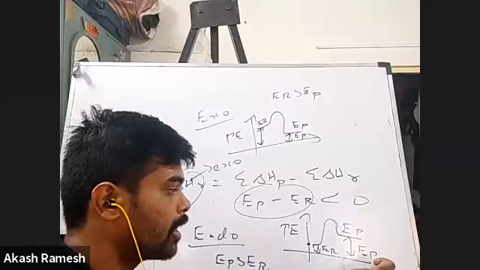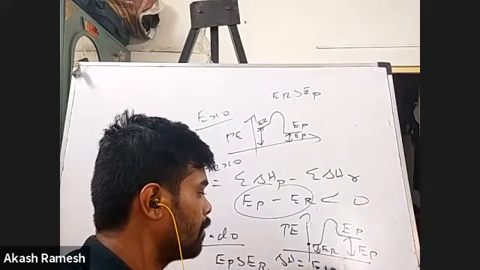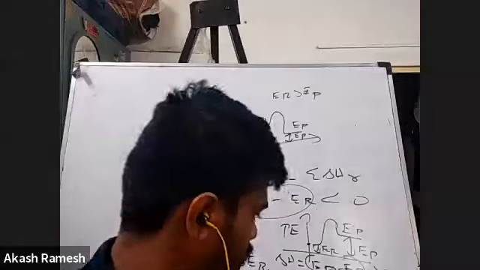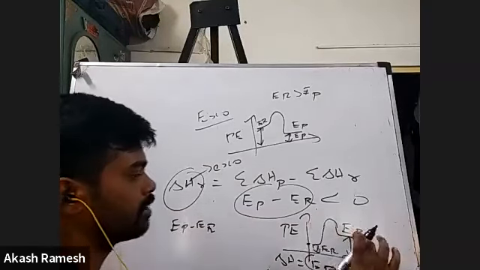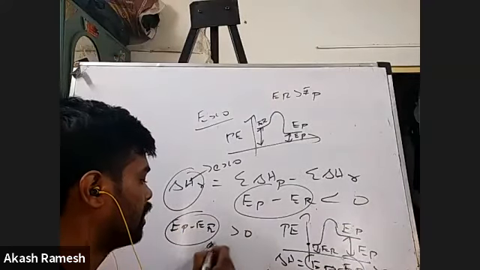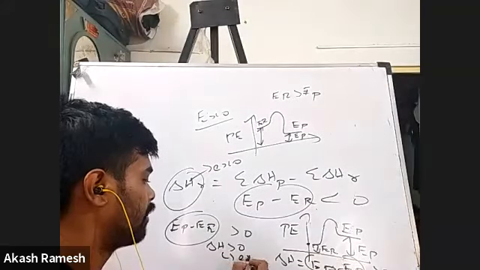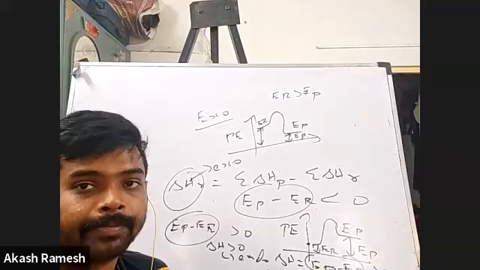So delta H is equal to EP minus ER, and this value is going to be positive. EP is higher, ER is lesser, so delta H is greater than 0. So definitely it is going to be an endothermic chemical reaction.